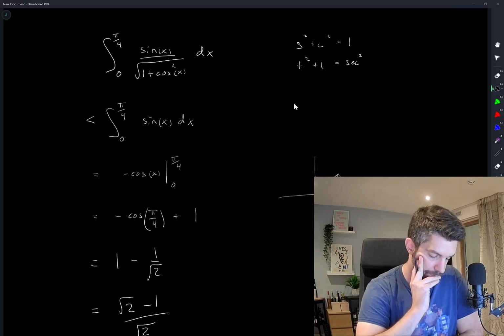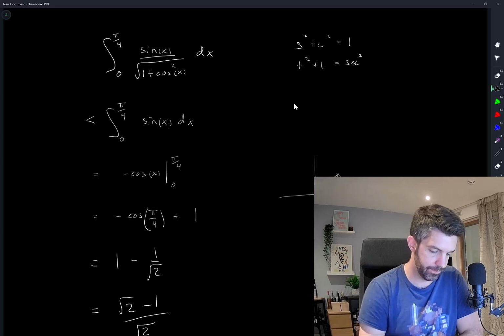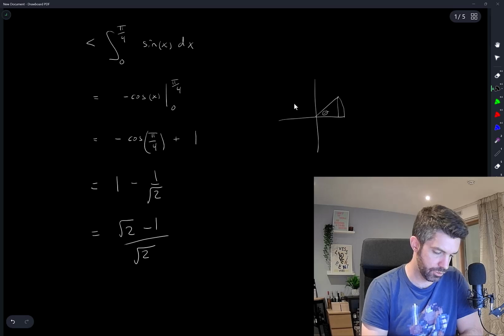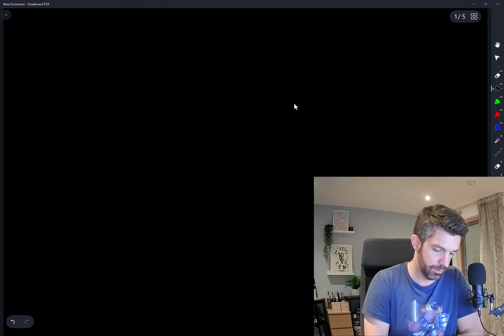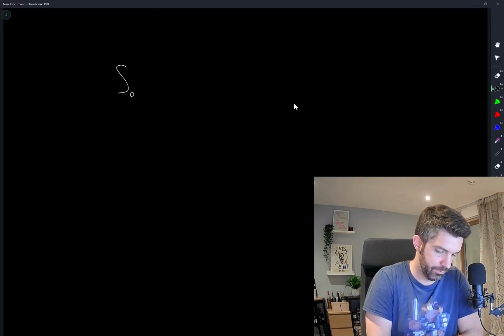So we need to come up with a better estimate. A sharper inequality, basically. Let's start again. 0 to pi over 4.